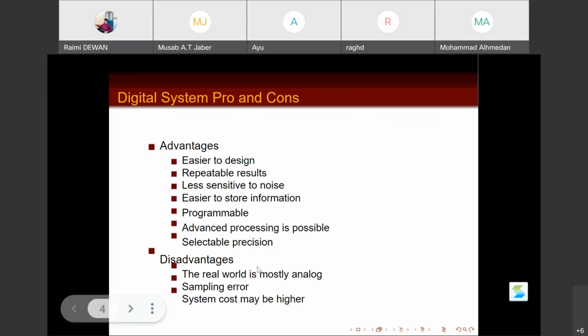So the disadvantage of digital system is that the real world is mostly analog. All of the world is mostly analog. So in order to have this digital system, you need to process it. During this conversion between analog and digital, maybe you need to sacrifice something.